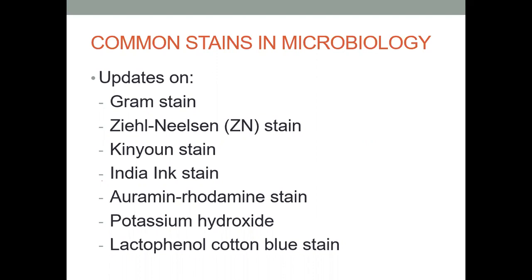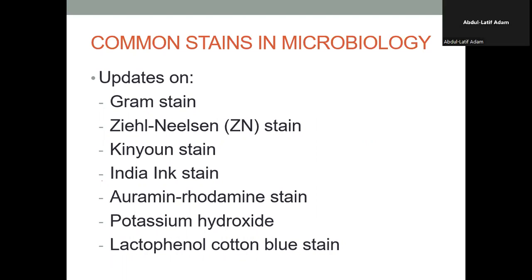Auramine and rhodamine is a mixture. All right. So the mycolic acid, which we have described as the major component of the mycobacterium, has affinity for auramine. And we say the auramine is a fluorochrome.